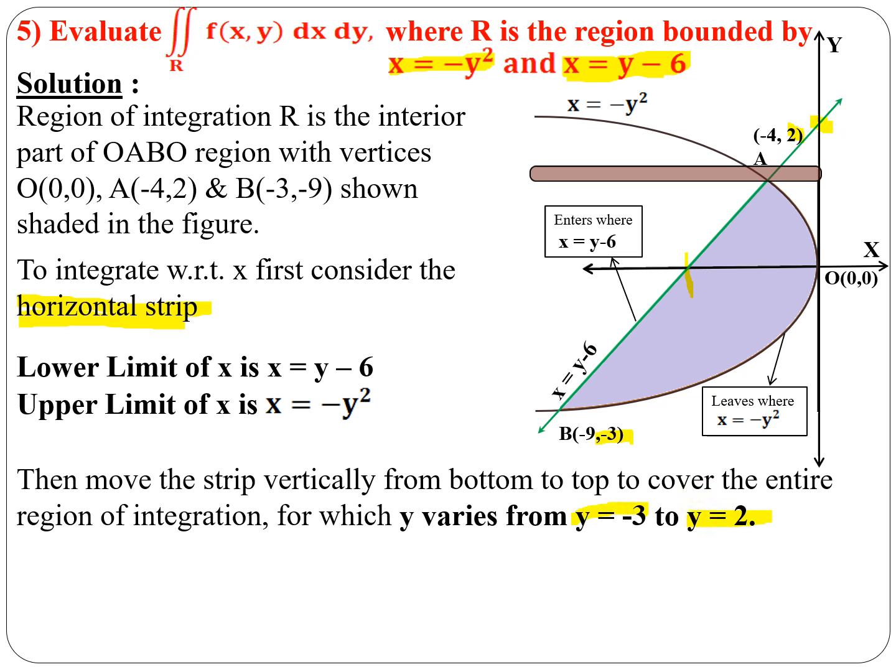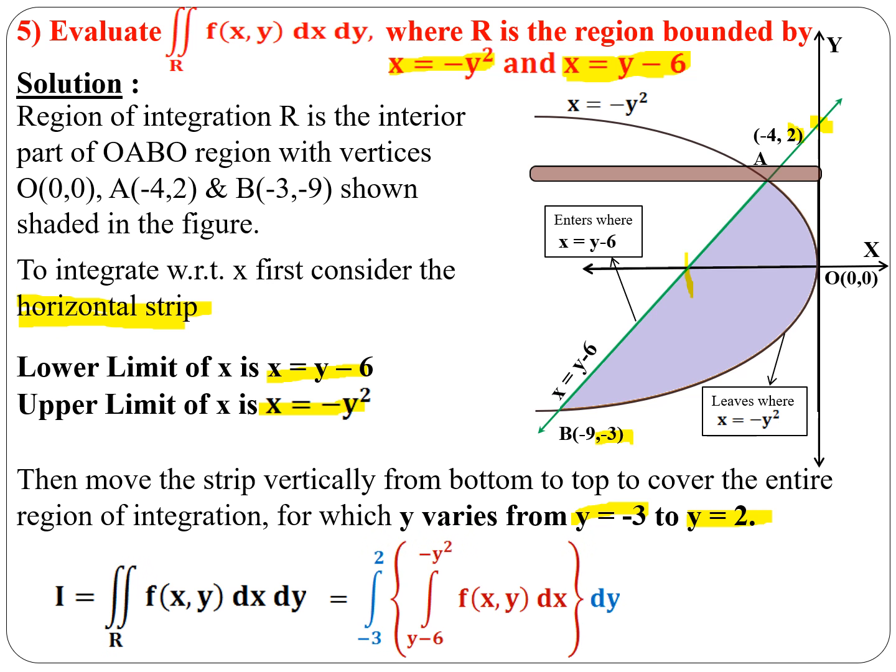So if we put these limits, the x lower limit is y minus 6, the upper limit is minus y square, and the y limits are -3 to 2, then your integration will be like this. dx is inside the bracket with x limits y minus 6 to minus y square. Outside it is dy, with y limits -3 to 2.